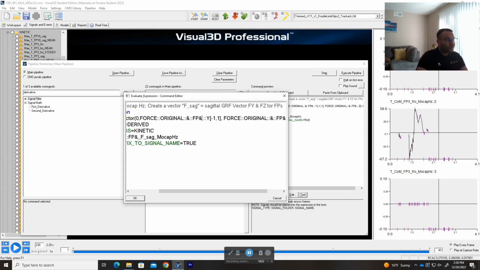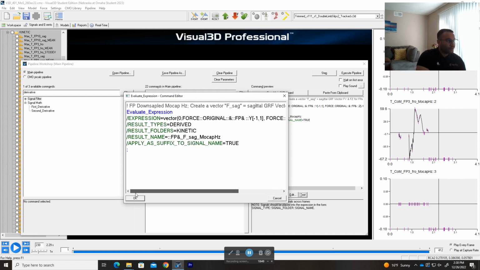So you add force original, and then you replace this value with the FP, so it's going to be FP3 first for the for loops, and then give it a space. Don't keep it like this, just give it a space. As far as I tried, it only works like this, and I do the same thing here. But if it does work for you without adding a space, just keep it like that. As long as it works, that's the main thing.